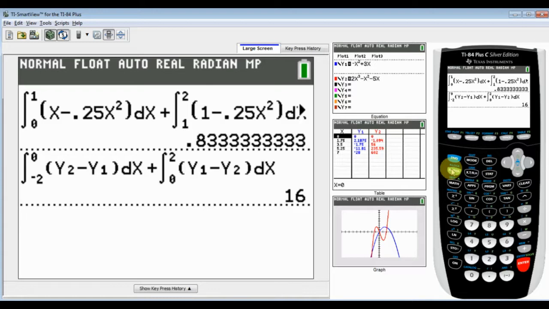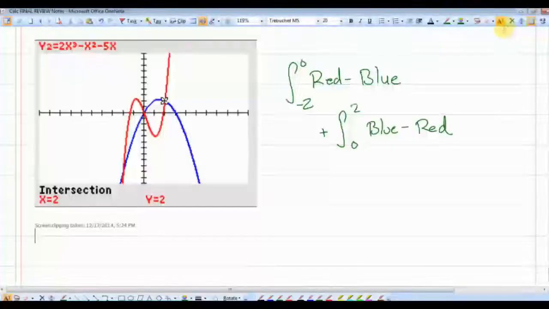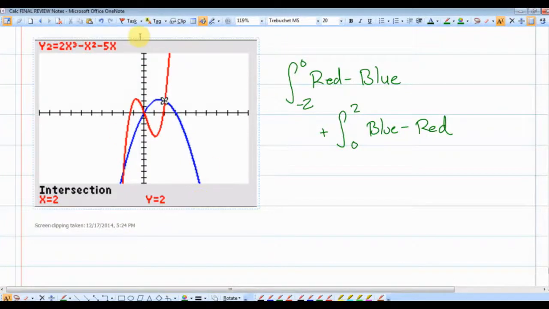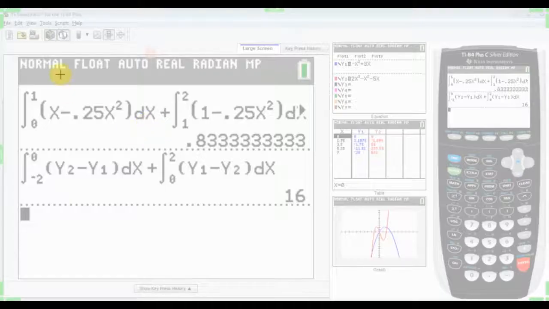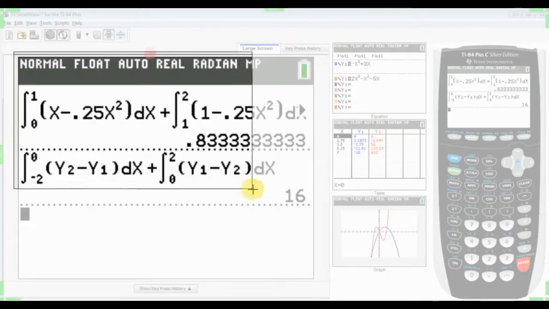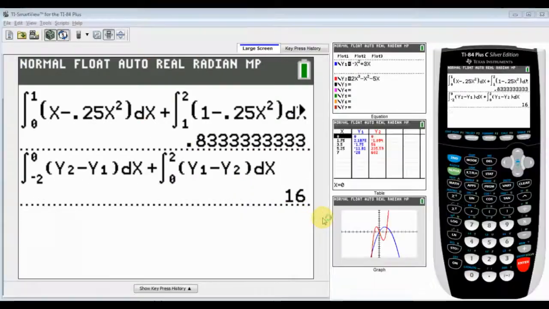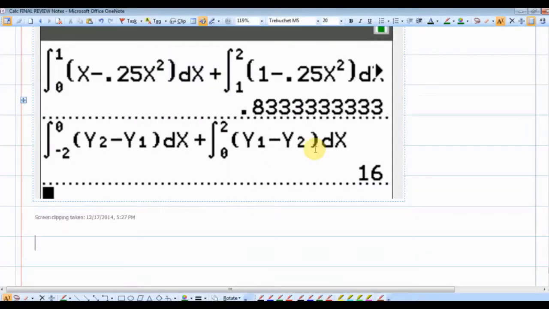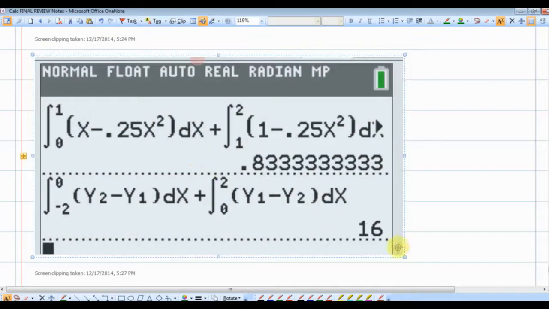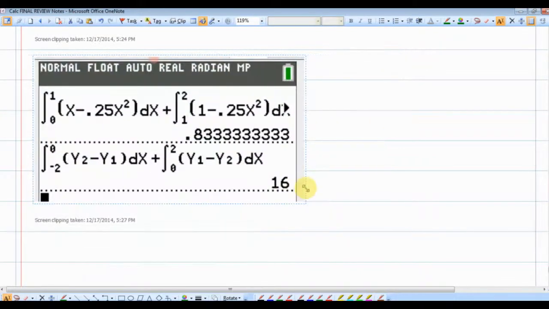Oh, y1 minus? 16. Is y1 minus y2 again? Yeah, it switches. Okay, that is that. Yay!